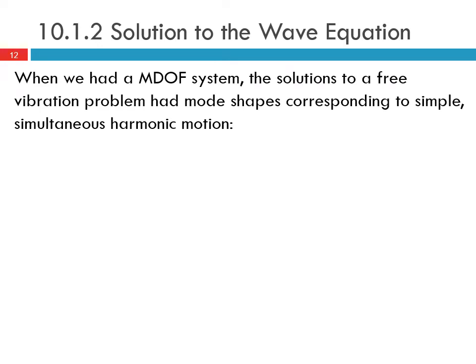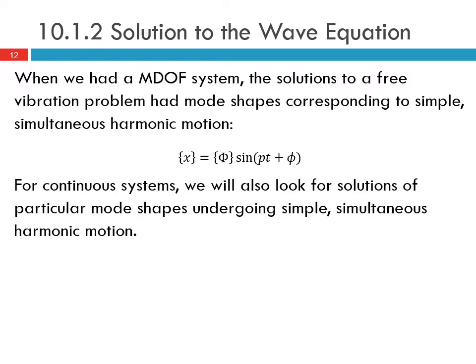So when we had a multiple degree of freedom system, the solutions to a free vibration problem had mode shapes corresponding to simple simultaneous harmonic motion. So we said that x was equal to some mode shape phi times sine pt plus phi. For a continuous system, we are also going to look for solutions of particular mode shapes undergoing simple simultaneous harmonic motion.